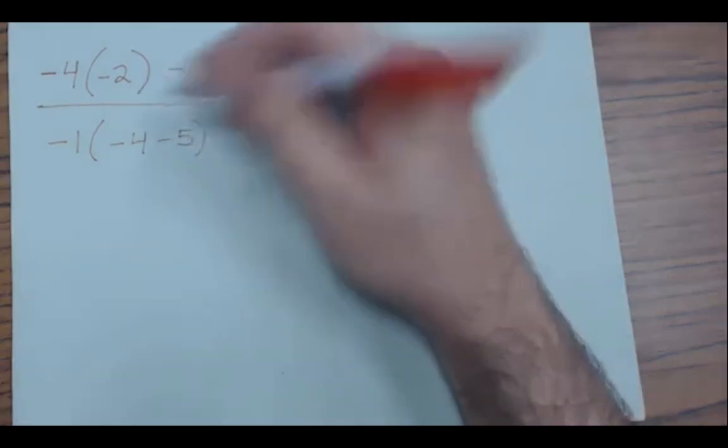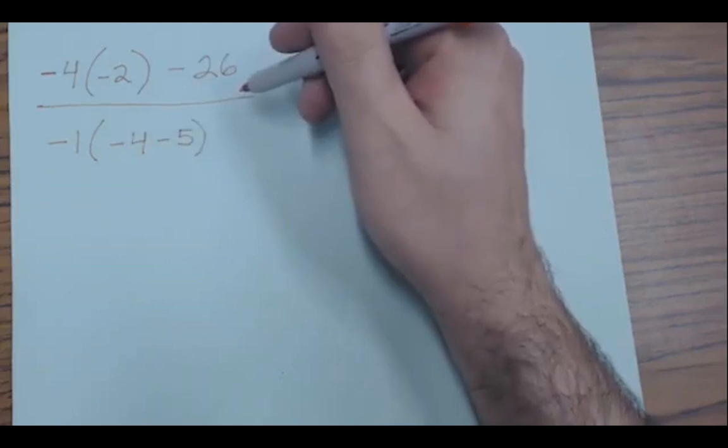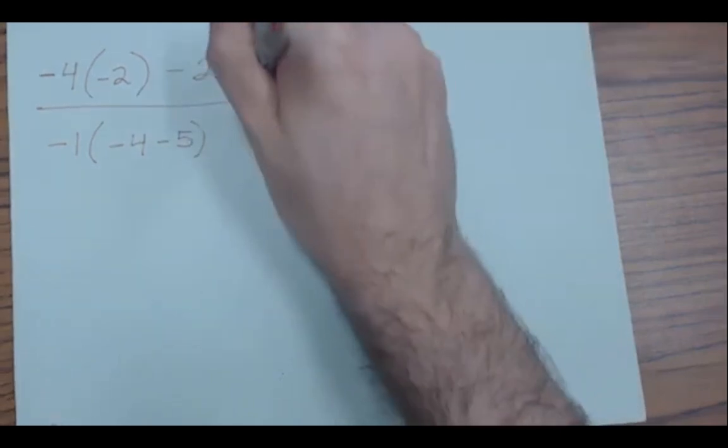We have negative 4 times negative 2 minus 26, all over negative 1 times, in parentheses, negative 4 minus 5. When we have a fraction bar like this, we treat it as two problems.